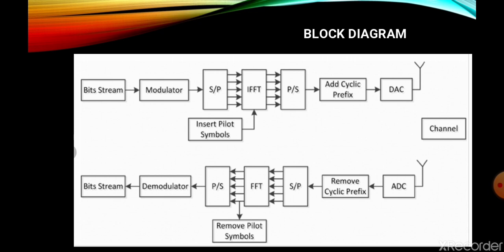They are then converted from parallel to serial and demodulated, and you get back the bit stream. The FFT again converts the received data from time domain back to the frequency domain. So this is the block diagram of the generation and demodulation of OFDM.